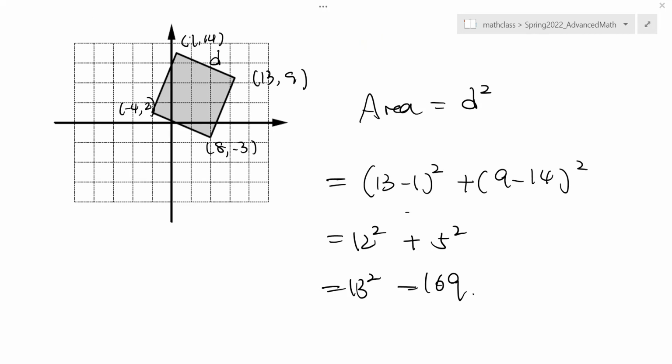But if you're told it's a square, you just need to use any pair of the nearby points. You have to figure out which pair of points are on the same side, not on the opposite side. If it's opposite, then you get the length of the diagonal. Okay.